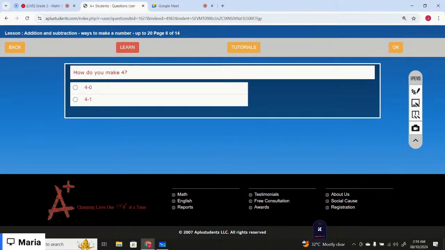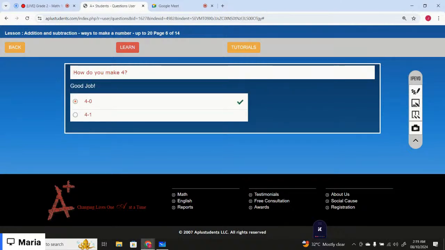So which is the correct option? Very good. That's option number 1. 4 take away 0 is the option that makes 4.